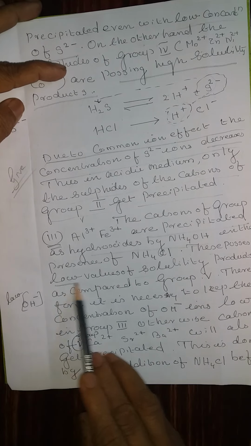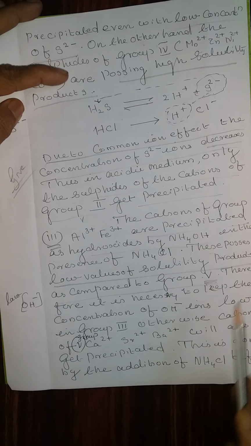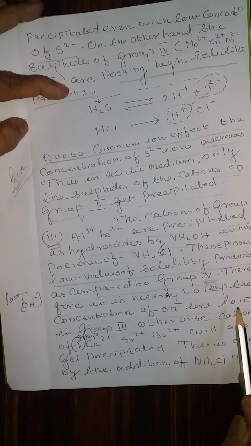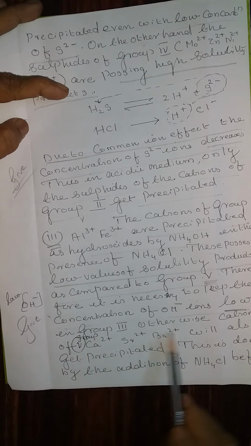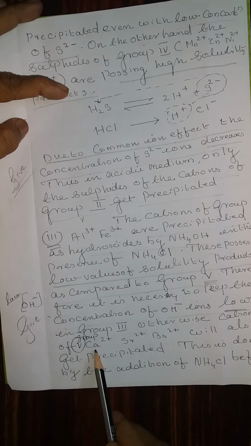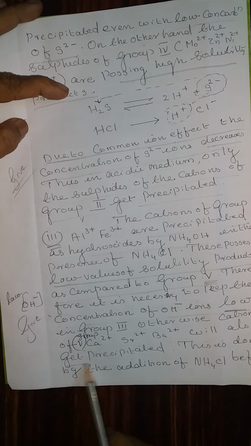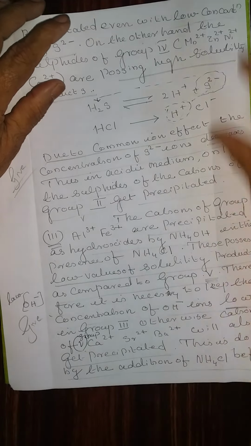Group 3 hydroxides possess low values of solubility product as compared to group 5. Therefore, it is necessary to keep the concentration of OH- ions low. Give reason. Otherwise, the cations of group 5, calcium, strontium, barium, will also get precipitated. This is done by the addition of ammonium chloride.